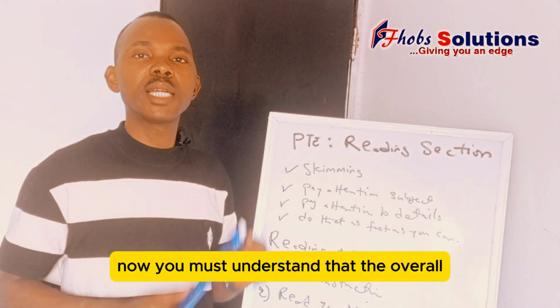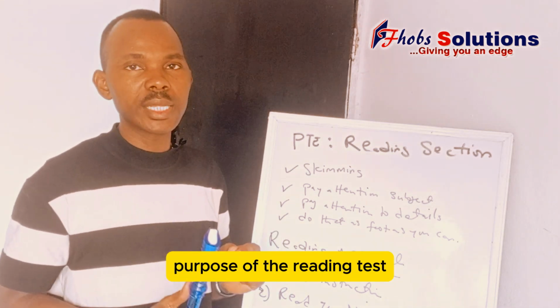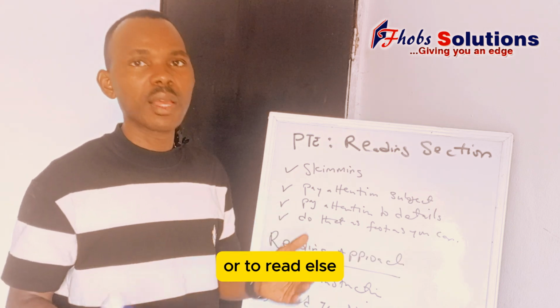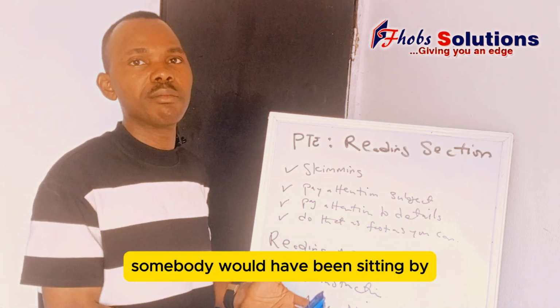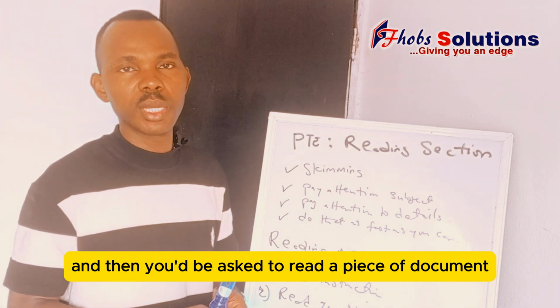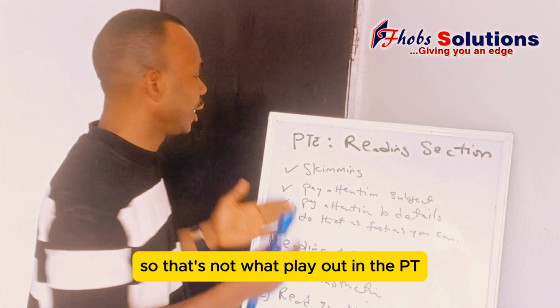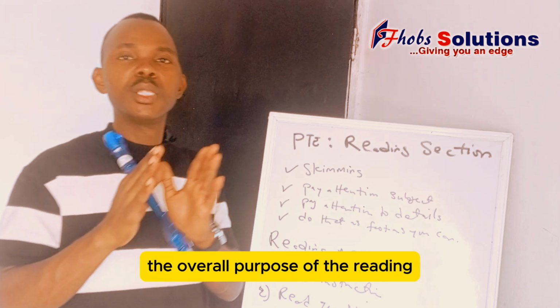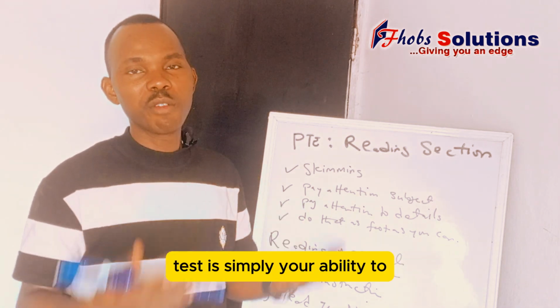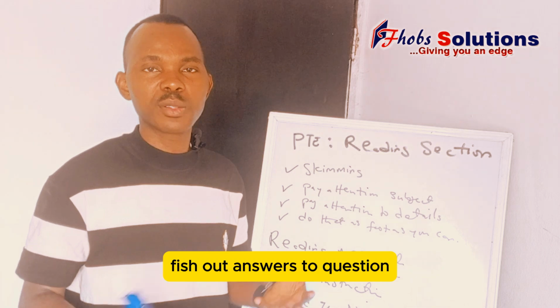Now, you must understand that the overall purpose of the reading test is not necessarily how to read. Else, somebody would have been sitting by and you'd be asked to read a piece of document. So that's not what plays out in the PTE. It simply means the overall purpose of the reading test is your ability to fish out answers to questions.